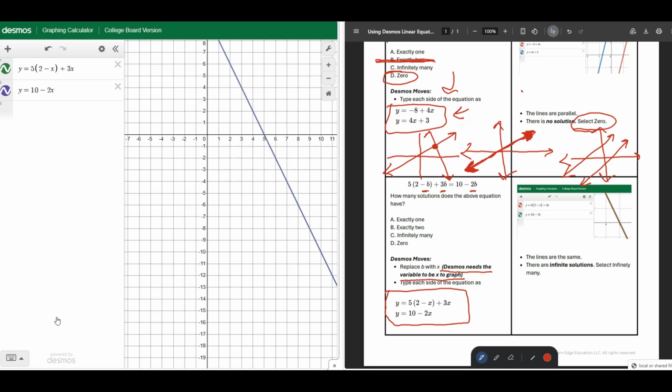Turn it back on, you'll see purple. So that indicates that those two lines are the same exact line. And when I get the same exact line, that means that I have an infinite number of solutions. So I'm going to indicate infinitely many because I have the same exact line.